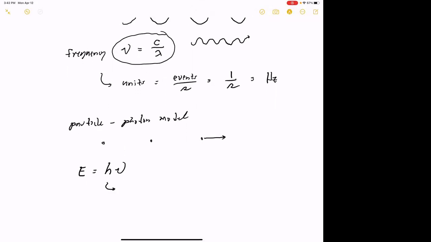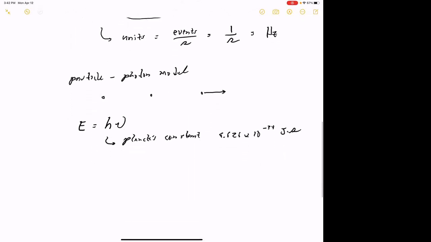Okay, so the h here is this thing called Planck's constant. And that's 6.626 times 10 to the minus 34th, in units of joules times seconds, where a joule is an energy unit, right? 6.626 times 10 to the minus 34th joule seconds.